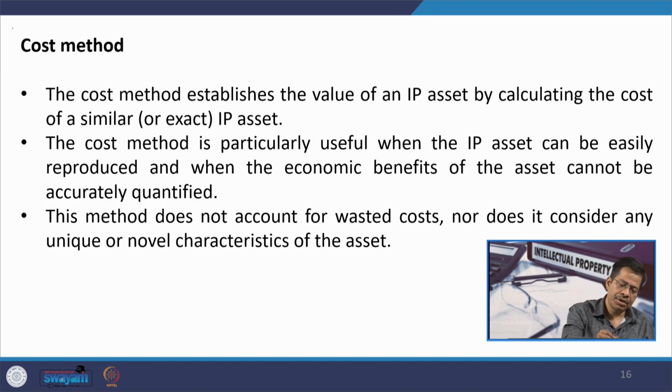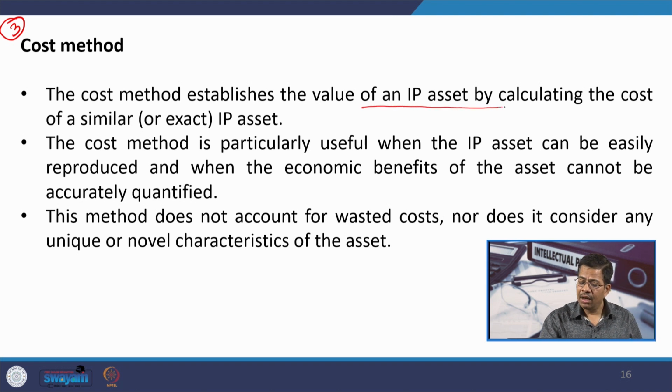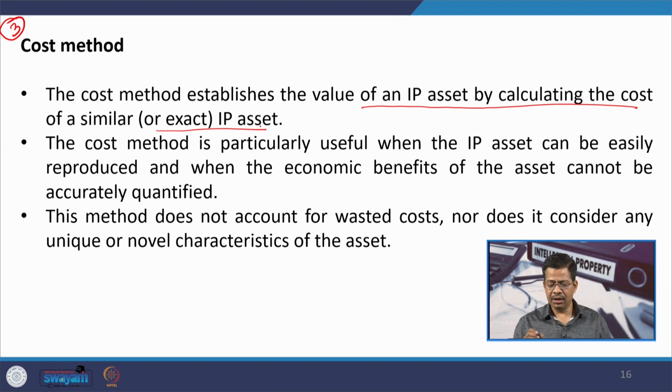The third method is the cost method, and in the cost method we ask what the cost of a similar type of IP asset is. This is more useful when you have the type of IP that can be easily reproduced. For example, I have developed a machine, and this machine can be easily reproduced by my competitors.